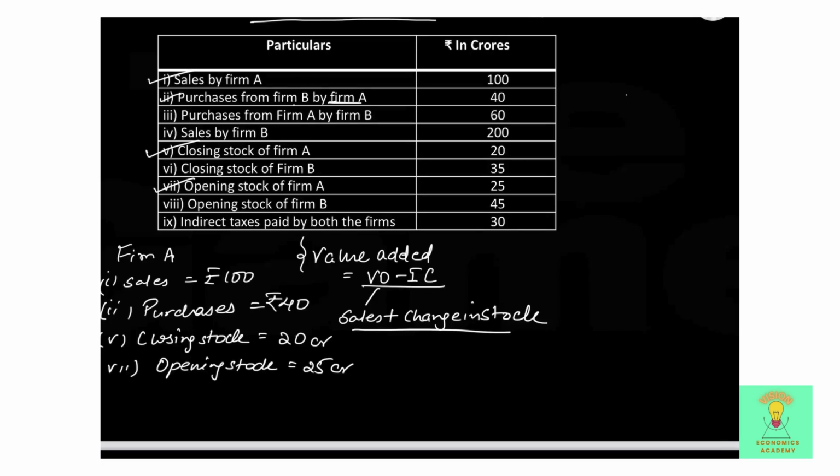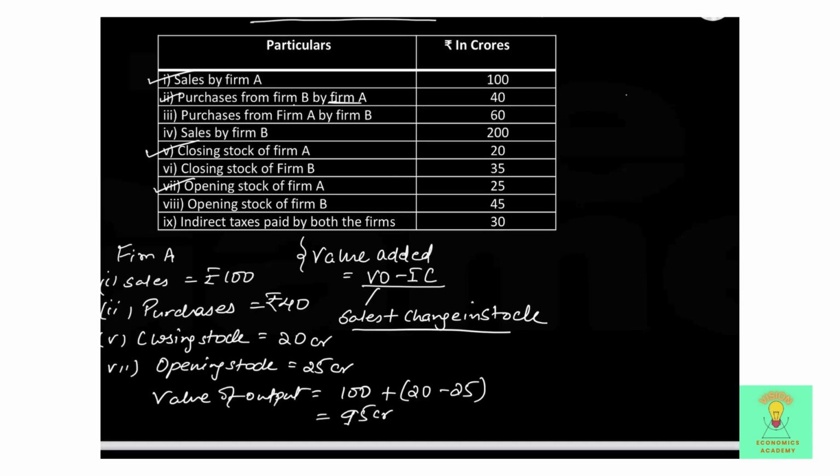First we need to find value of output, then we'll find value added. Now value of output equals sales, that is worth 100, plus change in stock, which is closing minus opening stock, that will give us 95 crore. Okay.